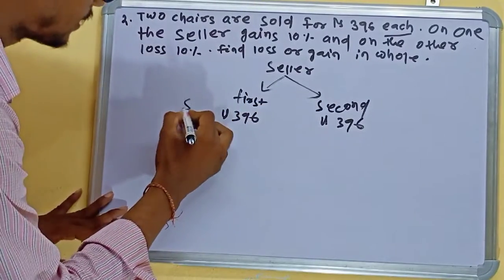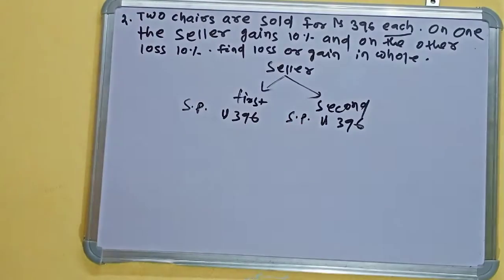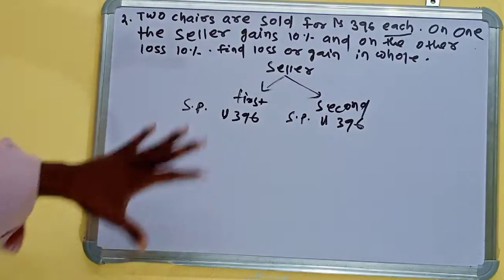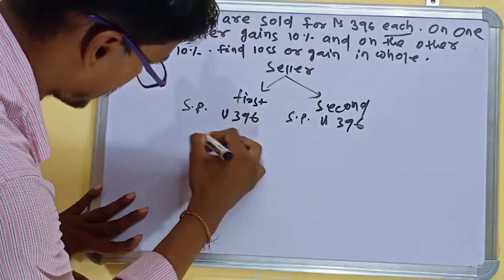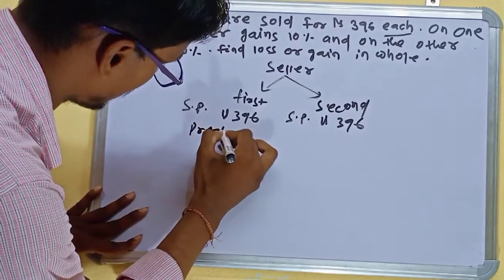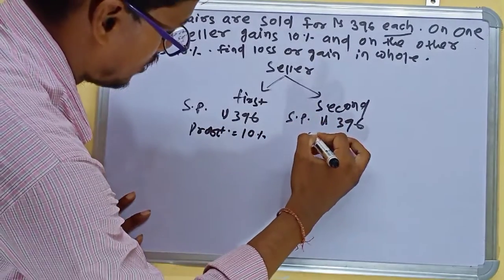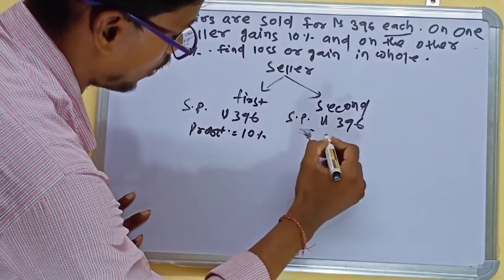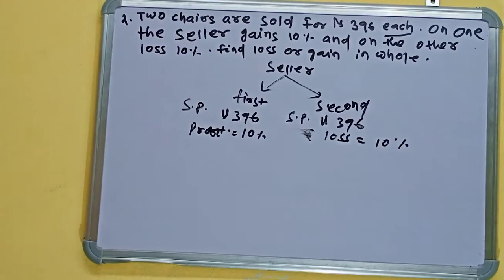First chair selling price 396, second chair selling price 396. In one he makes a profit of 10%, and on the other one he makes a loss of 10%.